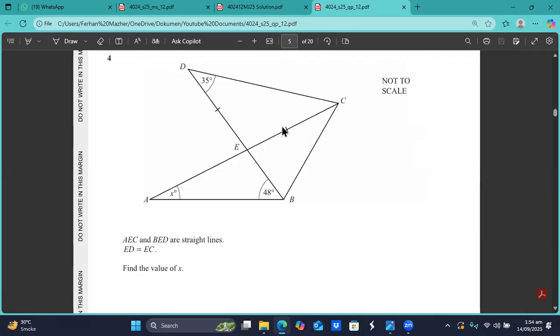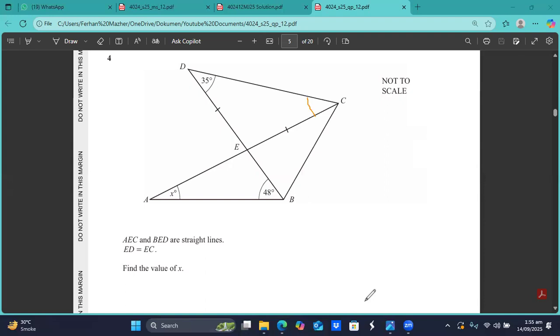So if they are equal, then this will become an isosceles triangle. So this side will also be equal to 35. Once you know 35, 35, you can find this angle.